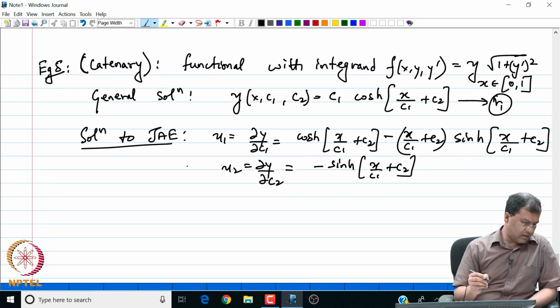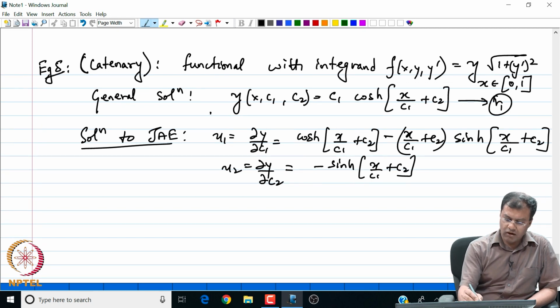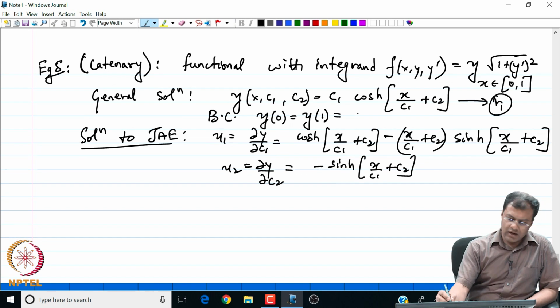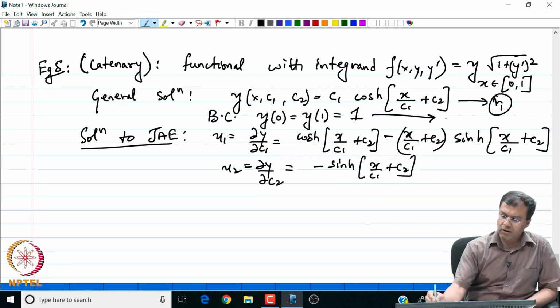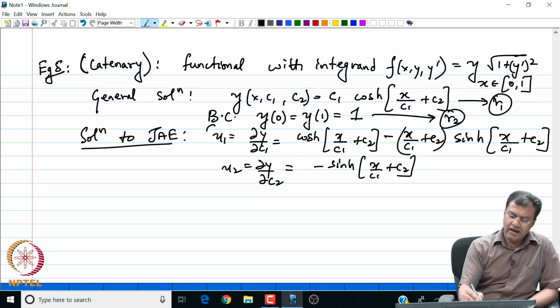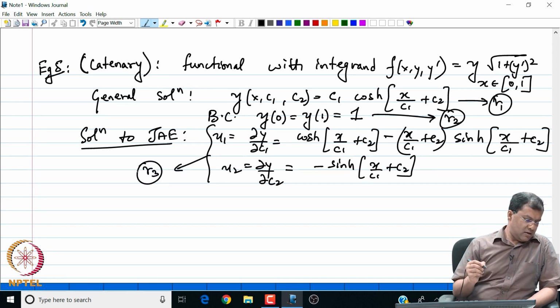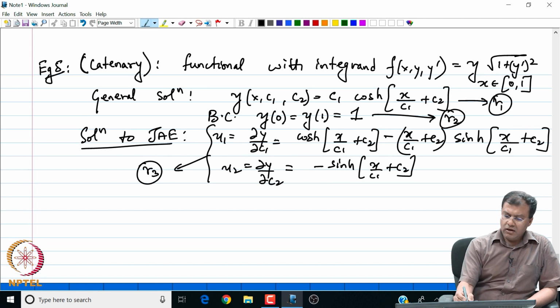Let me call this result R3. We have the boundary conditions y of 0 is equal to y of 1 is equal to, let us say, 1. I call these boundary conditions R2, and the solutions to the Jacobi accessory equation R3. Then we can use the boundary conditions to find the constants C1 and C2.